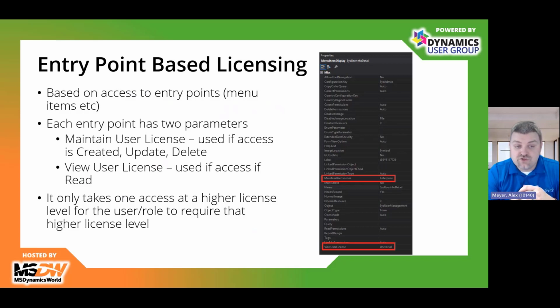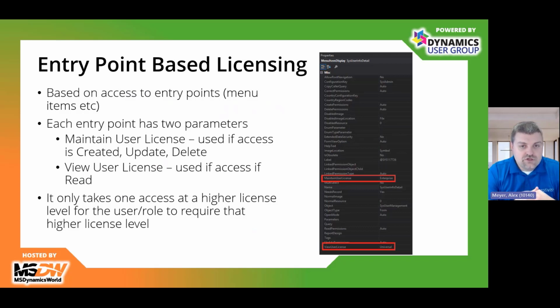Each menu item is going to have two separate parameters, a maintain user license and a view user license parameter. So if a user has create, update, or delete permission to this particular menu item, whatever license is in the maintain user license is going to be required. But if a user only has read access, whatever license is in the view user license parameter is going to be required.